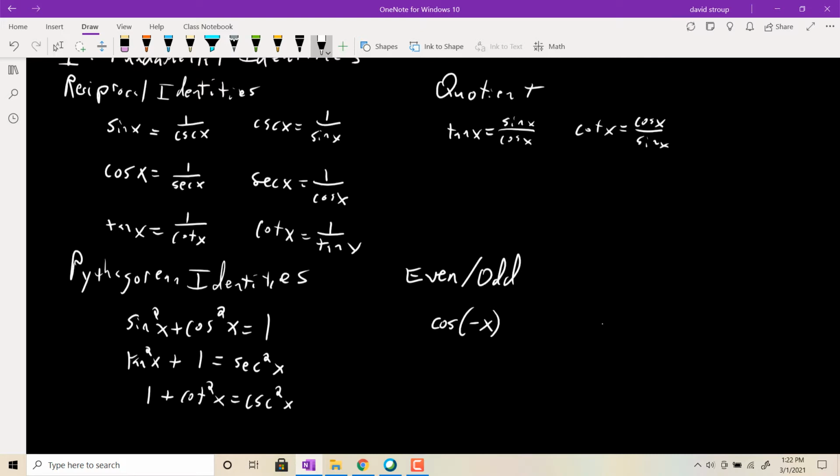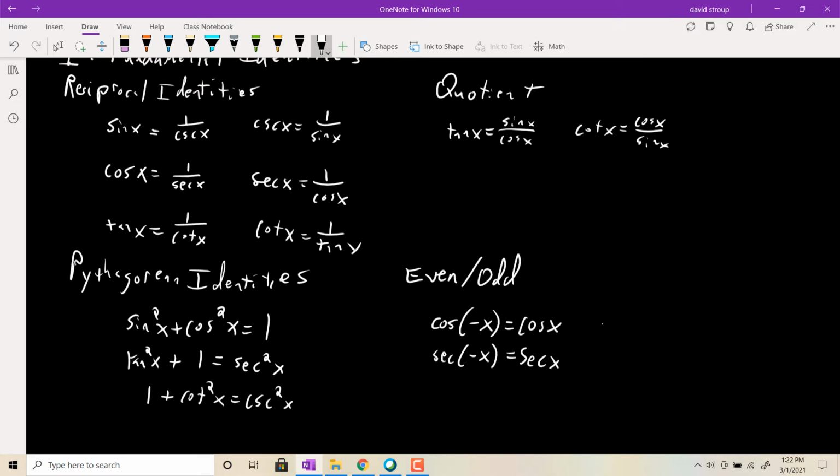So if you put a negative x inside of cosine, you'll end up with just cosine. Then it's secant. The secant function is the same. It's even, just like cosine is even. And then the rest are all odd.